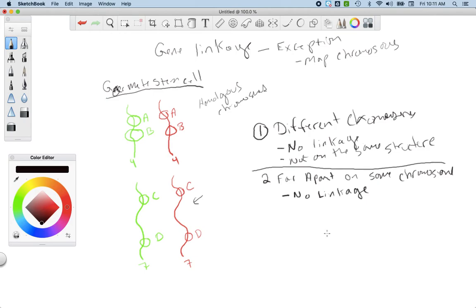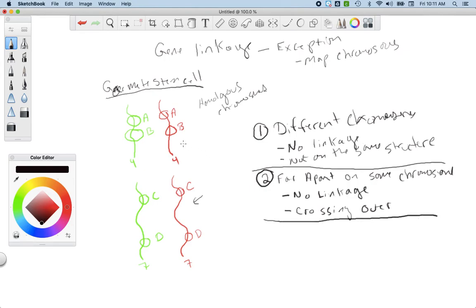But the reason there's no linkage is not because they're on completely different structures. It's because of crossing over. Crossing over is very likely to occur between C and D. So they're going to act like they're not on the same structure.